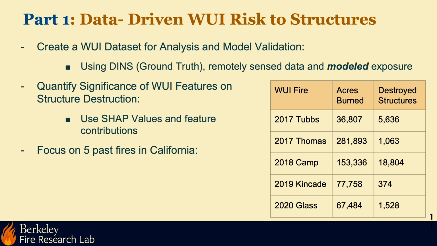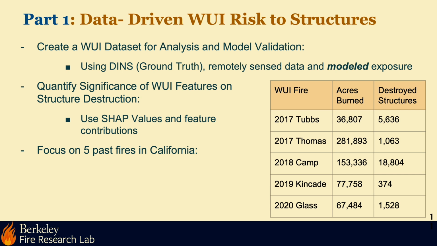We're going to have lots of remotely sensed data that we use, like LiDAR, which has surrounding vegetation and fuels. And finally, we're modeling exposure. So we're picking 5 of the biggest fires, that gives us a large data set, and we've remodeled them using the best available data to create the fire and ember exposure that was missing because no one had on-the-ground data.